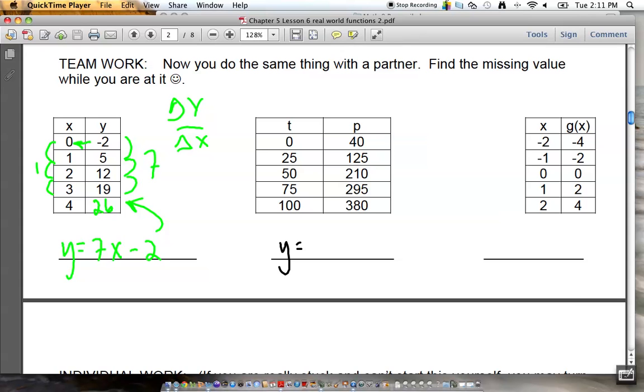Okay, first off, what's my y-intercept? Everybody? 40, good. And my slope is 3, so it's y equals 3x plus 40.